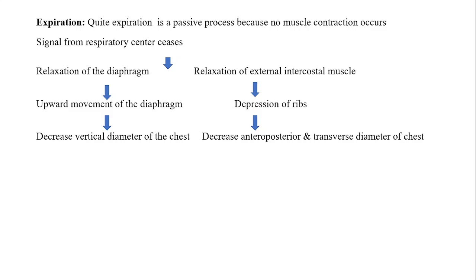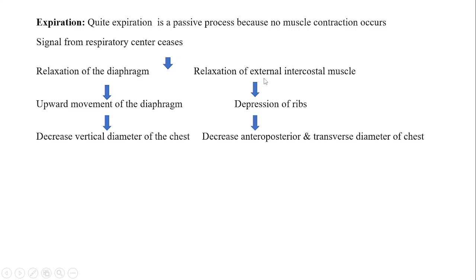That means the diaphragm, which was previously contracted during inspiration because of the signal coming from the dorsal respiratory group of neurons, as there is no signal now, will relax and go upward and decrease the vertical diameter of the chest.